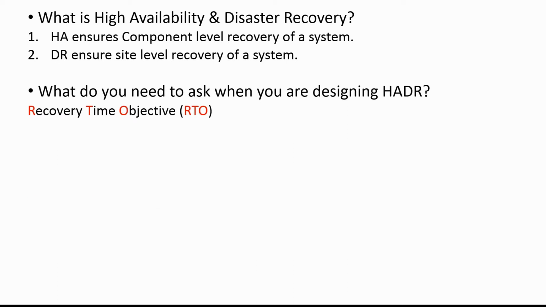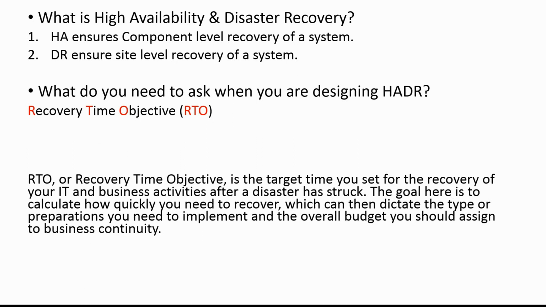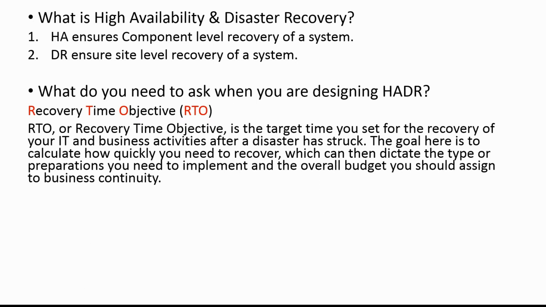One is the recovery time objective. The recovery time objective basically tells you the time that you can afford for a system not to be available. This is the definition that I have gathered from Wikipedia online. But in a nutshell, the recovery time objective is the time that you can afford for the systems to stay down, and the time within which you need to have your system back online.